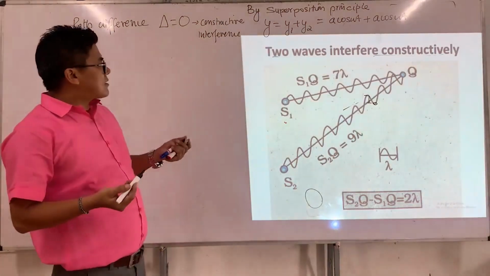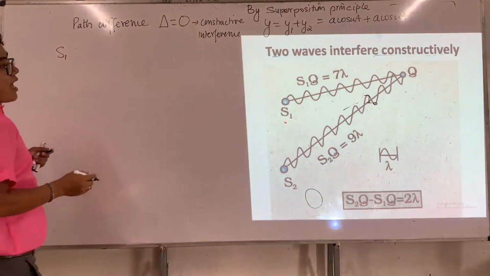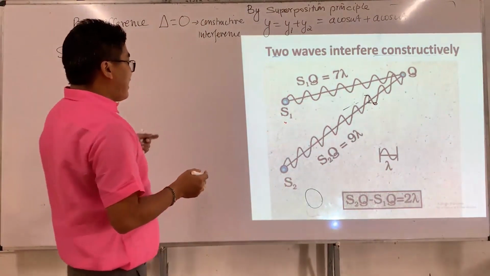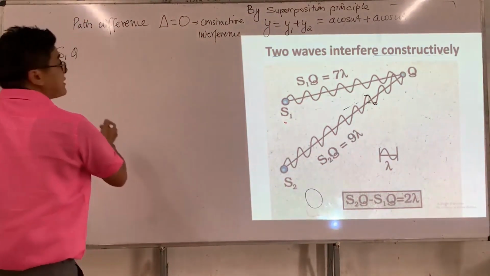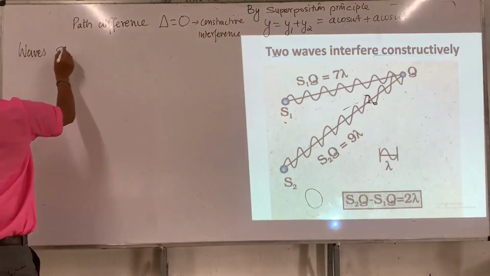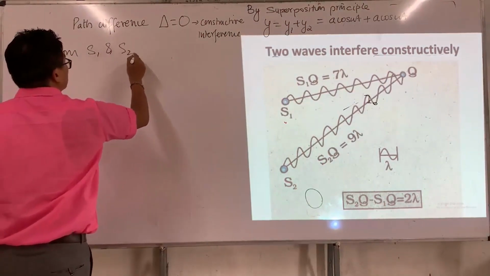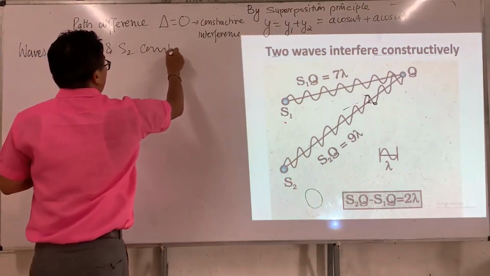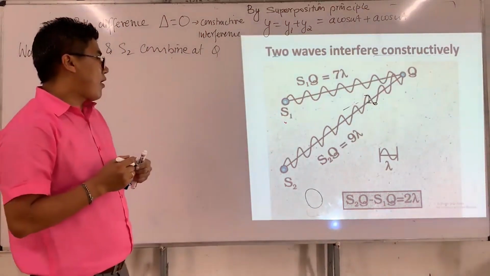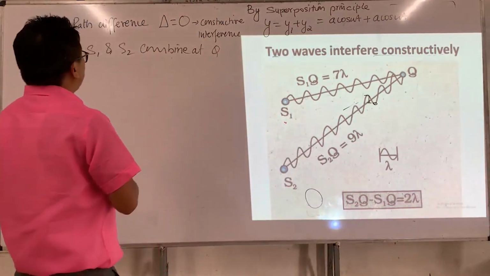Now look at the second part. Waves from S1 and S2 combine at Q. They superimpose, what we call superposition, right?